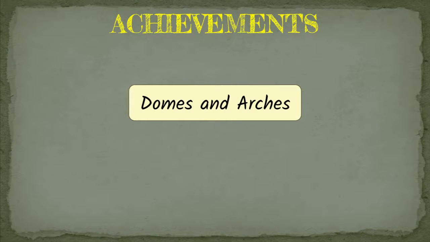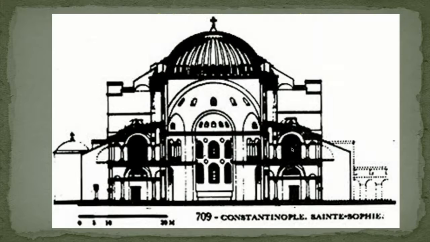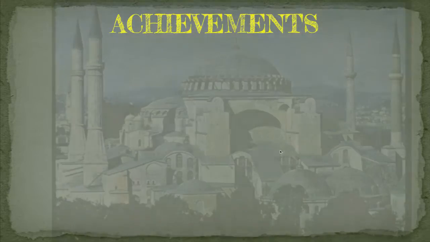And so what they did was they took the best ideas of the civilizations of the past. Domes and arches were something that the Romans were really good at, and they took that architecture and improved upon it. And the Hagia Sophia is a perfect example of that through its series of domes and arches, right?